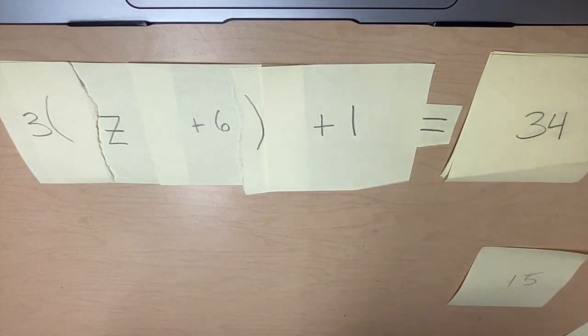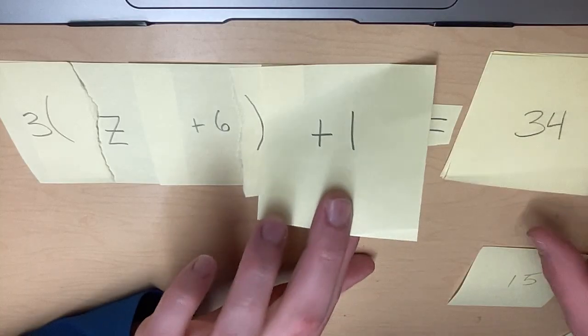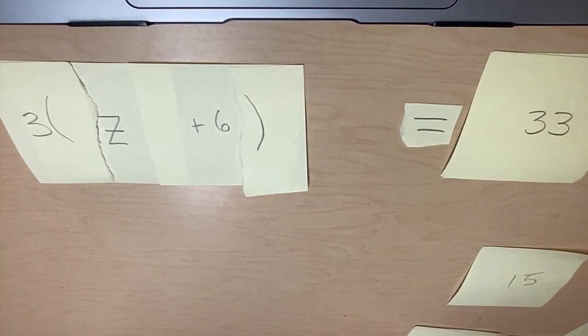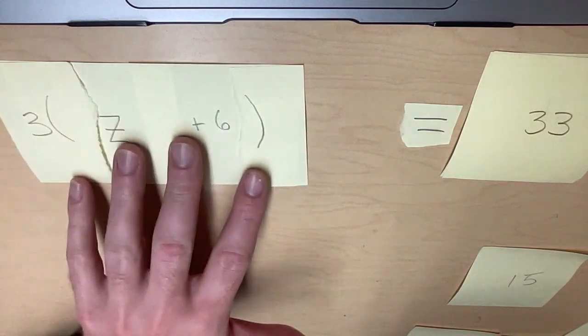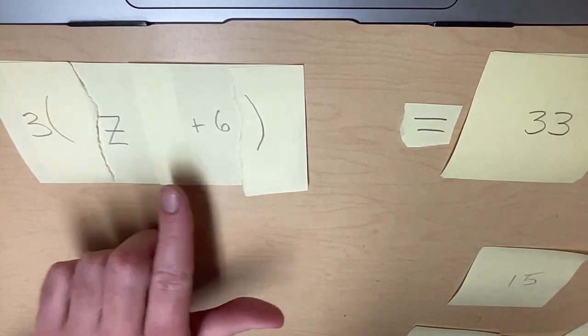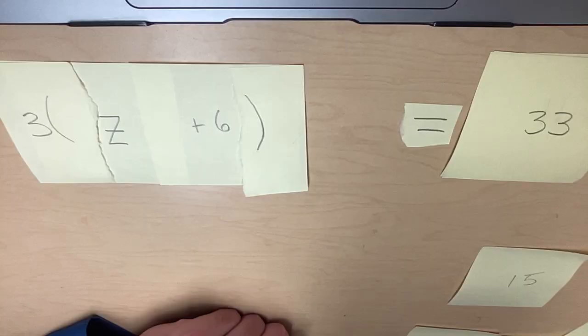So I've got this big equation going here, and I need to undo it in order of what I've done. So the very last thing I did was add this 1. So the very first thing I need to do is subtract by 1 on both sides. Then I look at it and I go, oh, well, did I do the 6 last or did I do the 3 last?